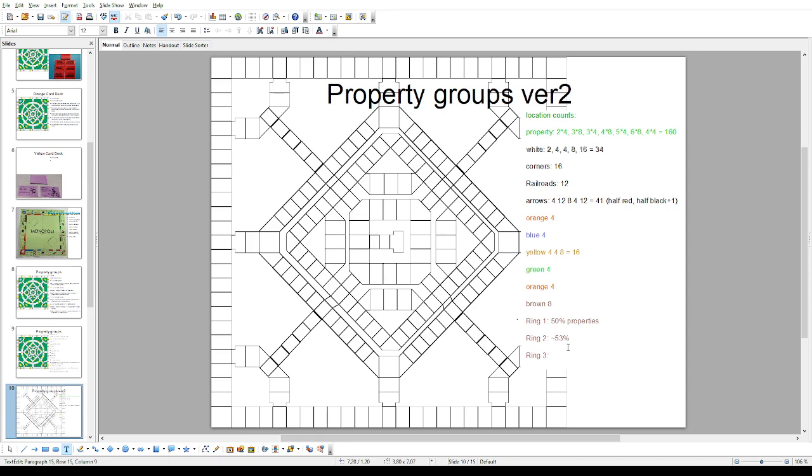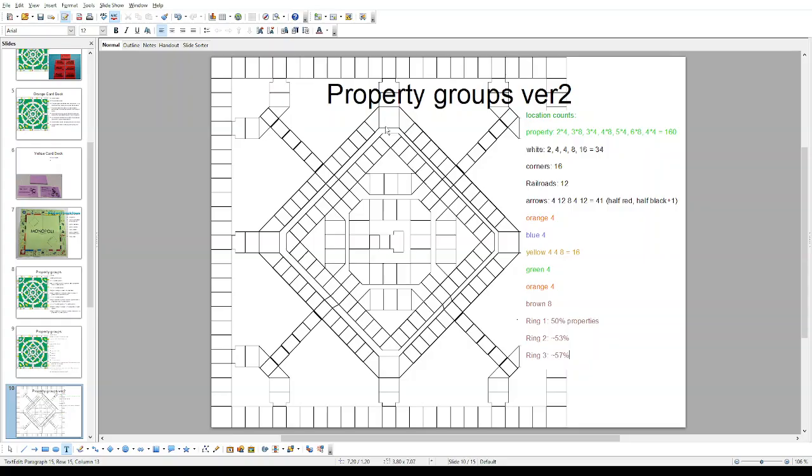Sorry, 8 out of those 14 will be properties. So that's about 57%. In both of these, if I was to tweak the number of special spaces, I could get it closer to 55%. I don't feel like doing that. I'm just mentioning that it's a possibility.